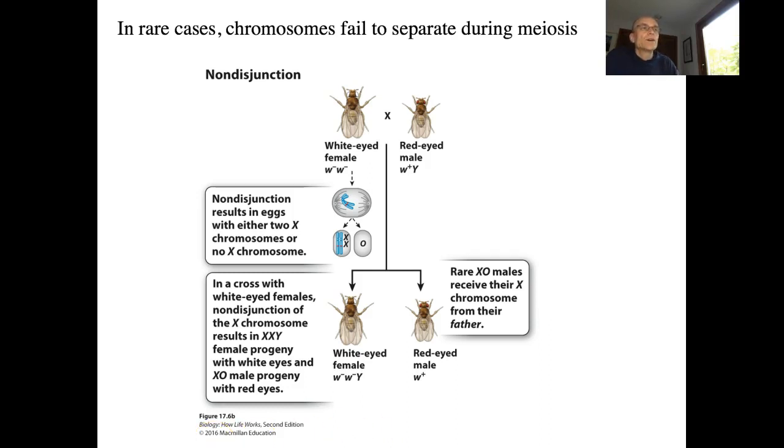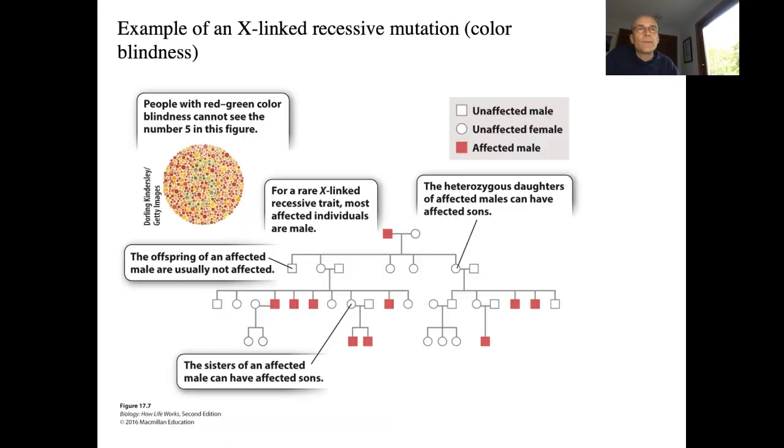All right, so let's take a look at some human pedigrees that we can analyze, with respect to some of these X-linked mutations that we just discussed. So here's an example of an X-linked recessive mutation, the example of color blindness.